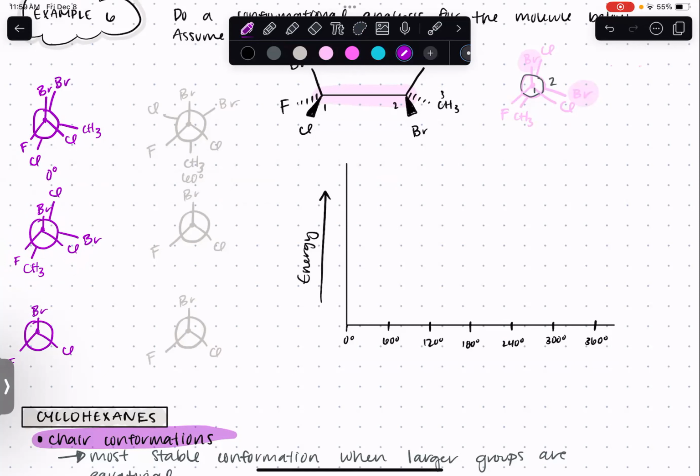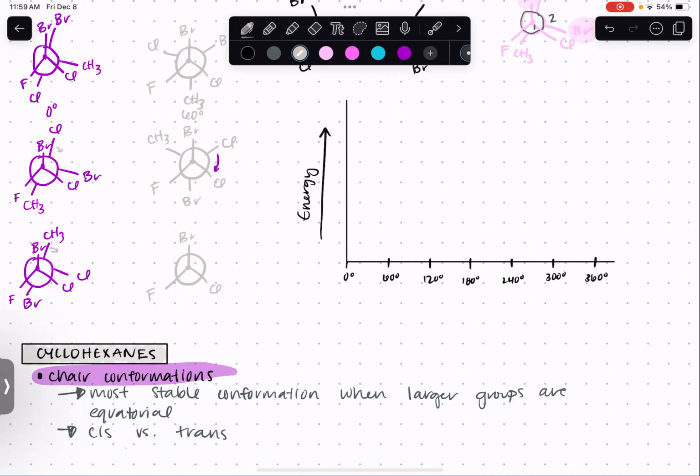Then we rotate it 60 more degrees this way, and that's going to give me chlorine here, bromine here, CH3 here. Then we rotate it 60 more degrees so that we get our CH3 up at the top, our chlorine here on the bottom, and our bromine here. And then finally, we'll do 60 more degrees that way so that we get CH3 here, chlorine here, and bromine here.